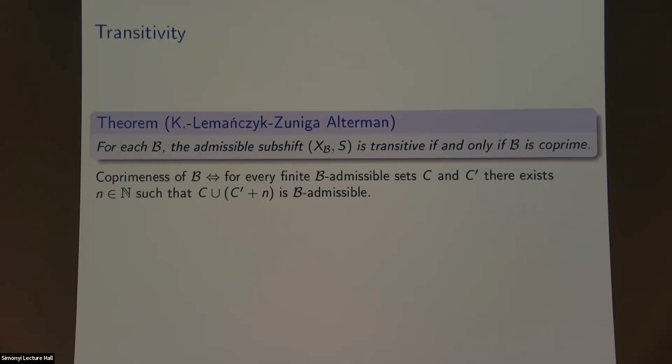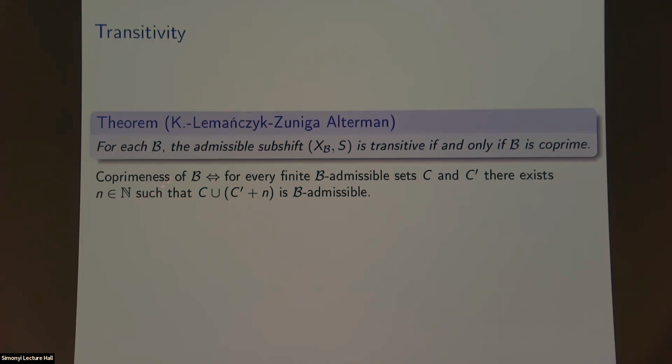Now I'm going into the idea of the proof. Coprimeness of B is equivalent to the following condition: that for every finite B-admissible sets C and C prime, there exists a translation of C prime such that the union of C and C prime translated is still admissible.